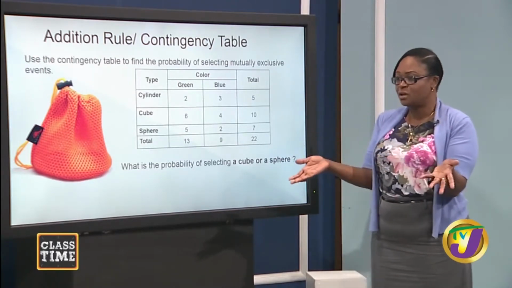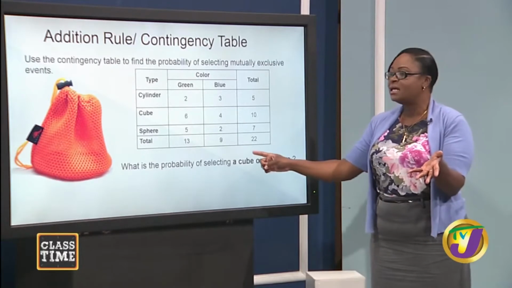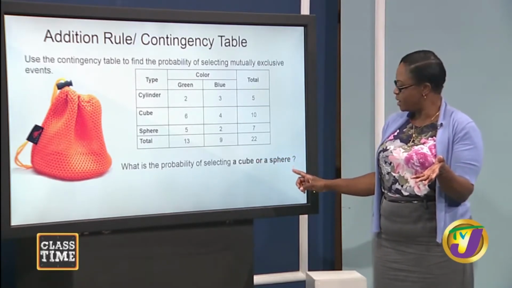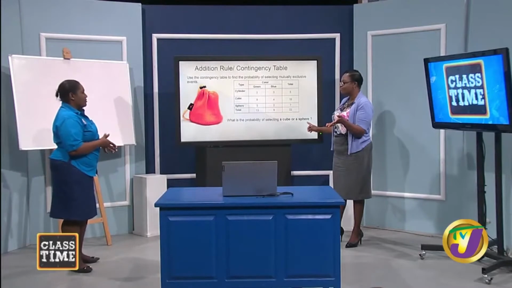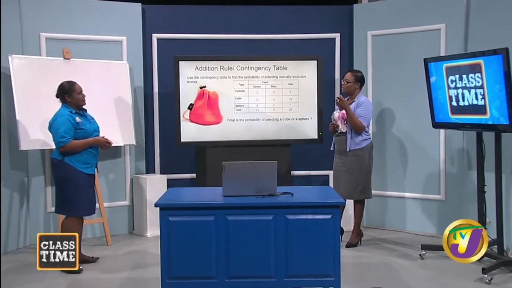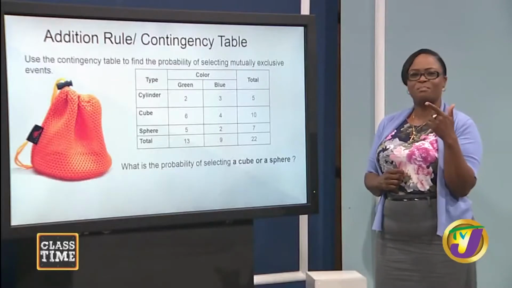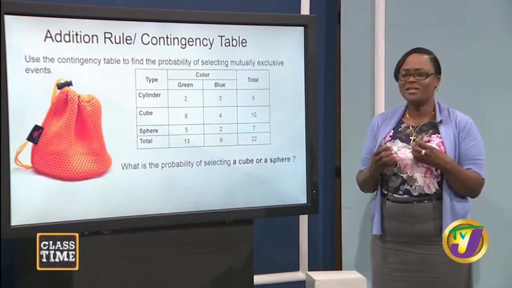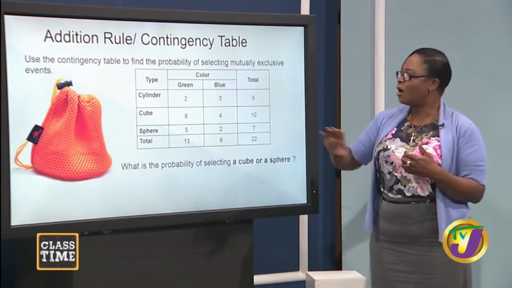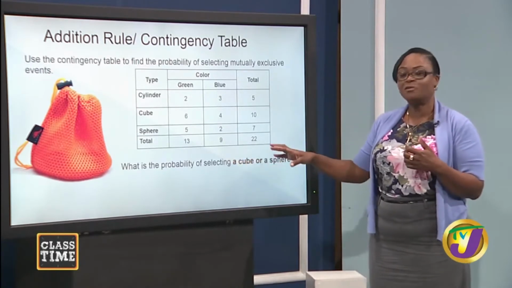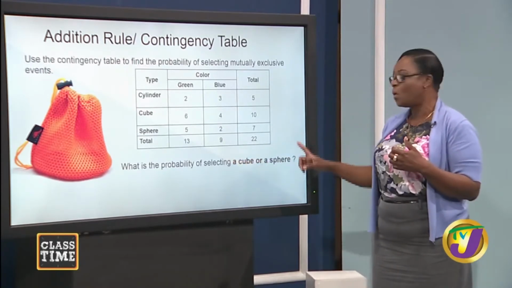What we have just done is to identify each event. So we need to do some form of combination, find some way to put this information together. I wonder if you guys at home are able to come up with an idea of how you could find the probability of selecting either or.